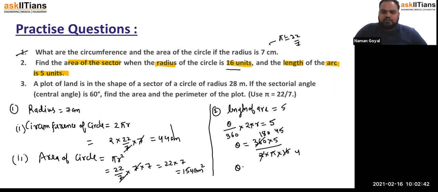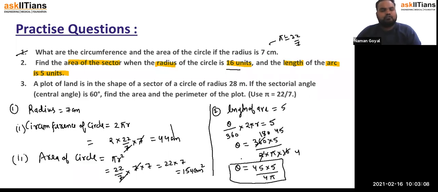So the value of theta is 45 into 5 upon 4 pi. Any doubt up to this part? So we got this angle.